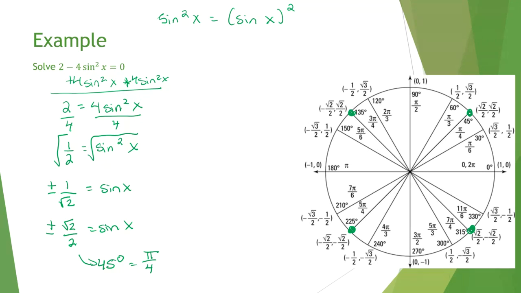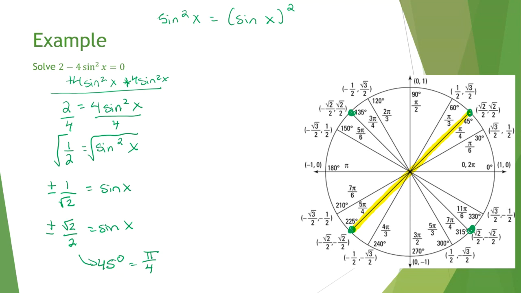Because the period of sine is 2 pi, I could write 4 separate equations, each of them adding 2 pi. But there's actually a relationship here that can allow us to minimize this. If you notice, if I go from pi over 4, I can get to 5 pi over 4 by adding pi.